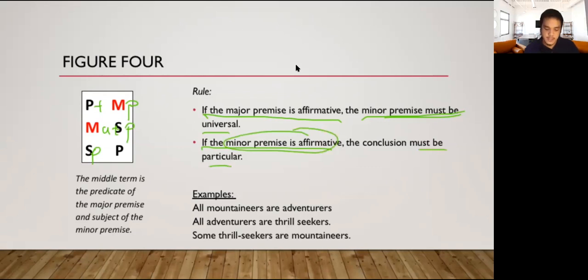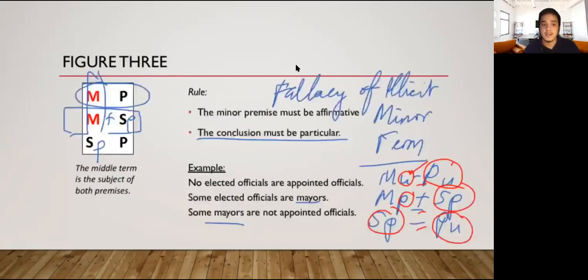Why? Because both figures 3 and 4 have the same structure in the minor premise and in the conclusion. Okay, if you have noticed it, they are both the same arrangement.